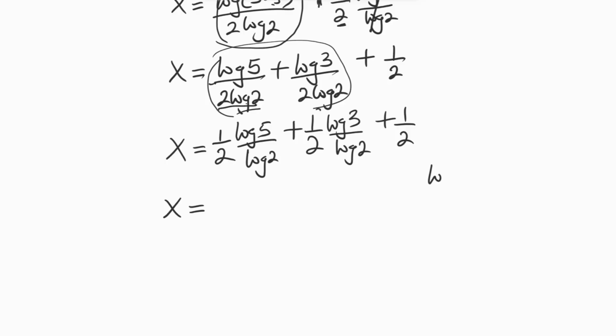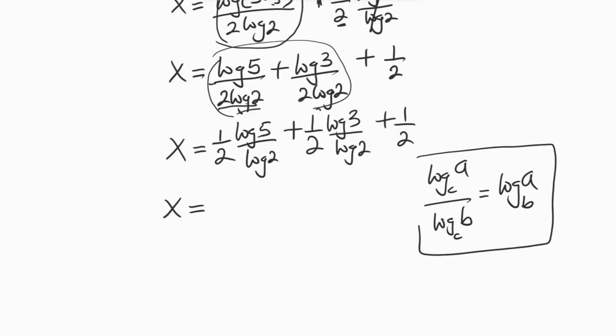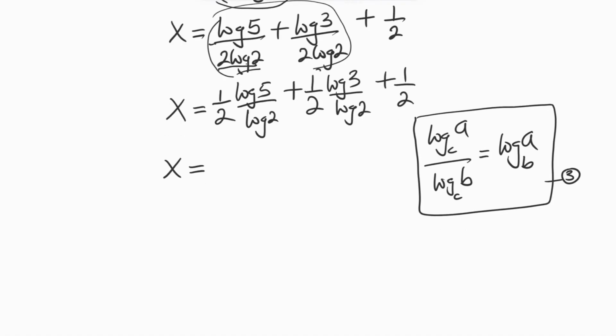We know that log of base c a divided by log of b base c is the same thing as log of a base b. For this question, this is our third rule. So let's employ this third rule.